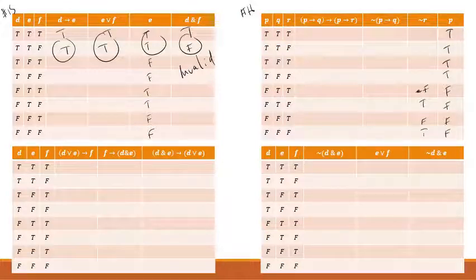So we're going to have not the case that P arrow Q, which is a situation where you have to do the parentheses first and then you do the negation. So both of these are going to be not the case that false arrow, let's see, false arrow true, which is true.